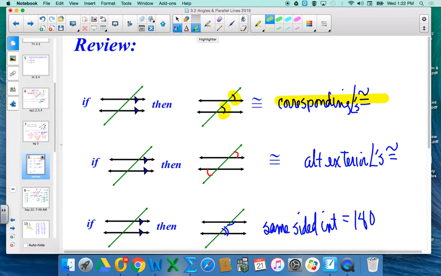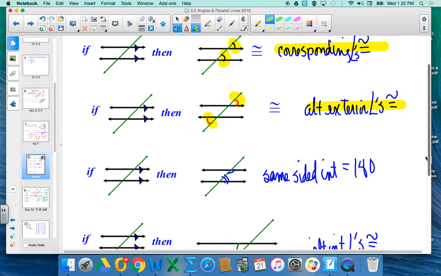If parallel lines are cut by a transversal, then alternate exterior angles are congruent. Next, if parallel lines are cut by a transversal, then same-sided interior angles are supplementary.